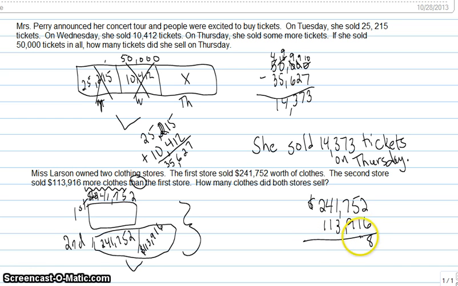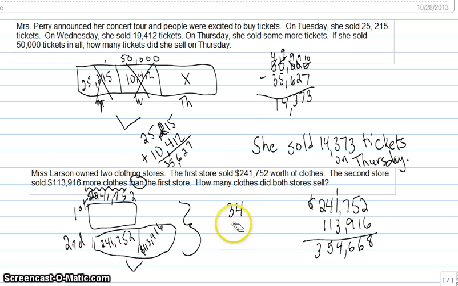That gives me 8, 6, 16, carry 1, 4, 5, 354,668. Then I can add the additional 241,000 from the first store. Oops.